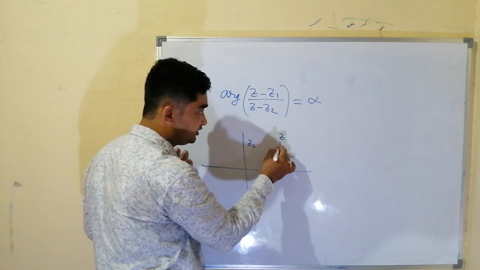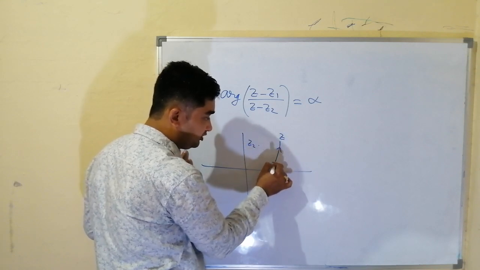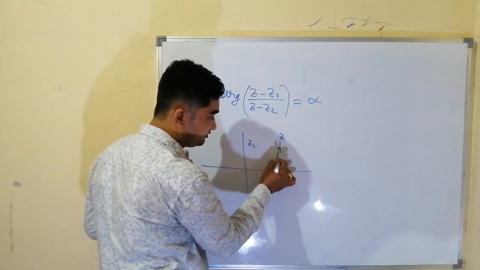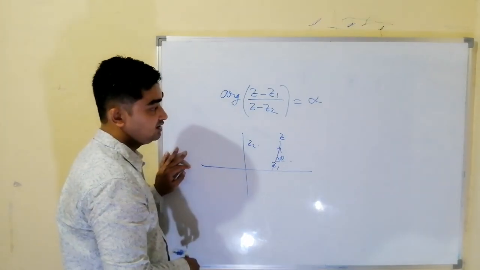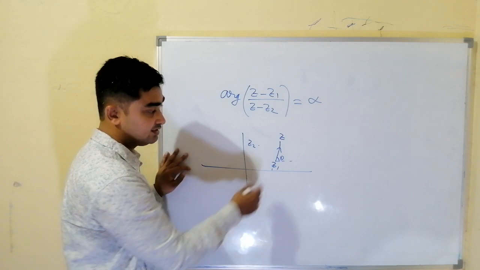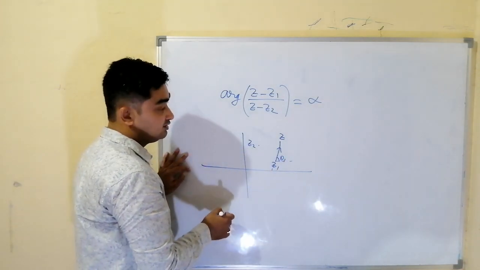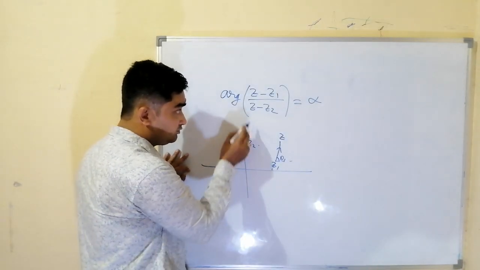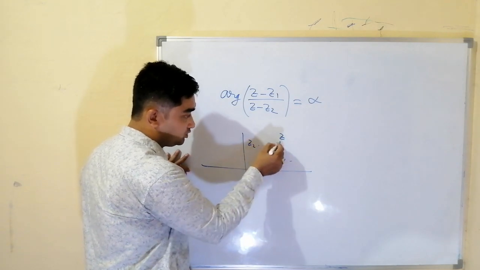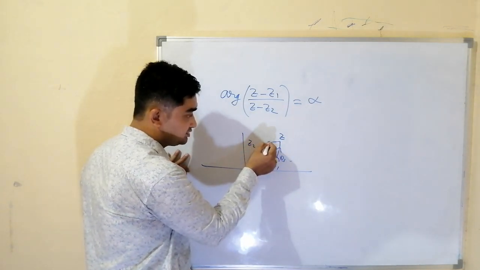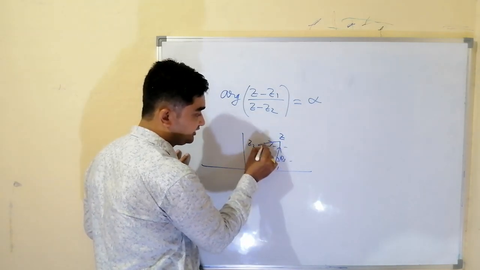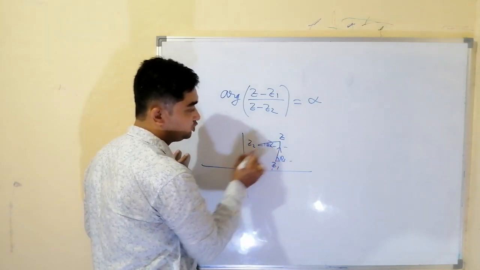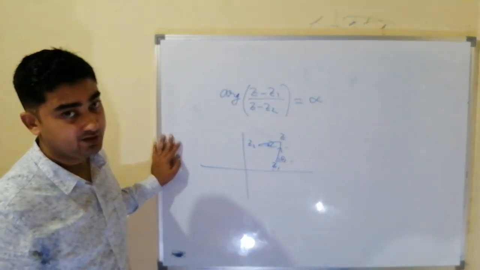It is this angle, which this line makes with the positive direction of the x-axis. Let us call it theta 1. Now what is the argument of z minus z2? It is the angle which this line makes with the positive direction of the x-axis. Let us call it theta 2.